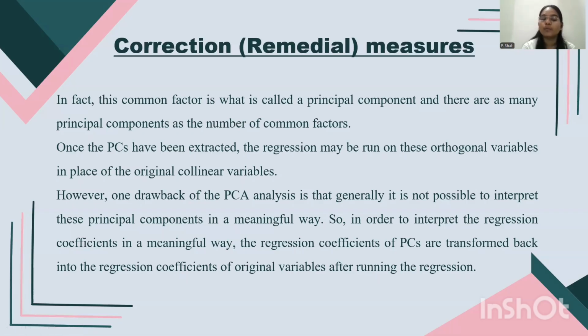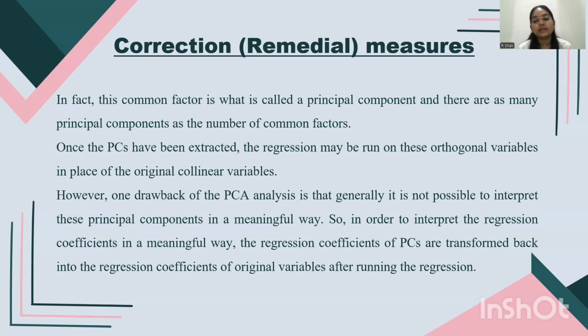However, one drawback of principal component analysis is that generally it is not possible to interpret these principal components in a meaningful way. Before, I said that they are artificial variables, so sometimes we can't interpret them in a meaningful way.